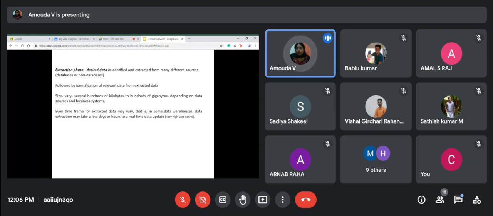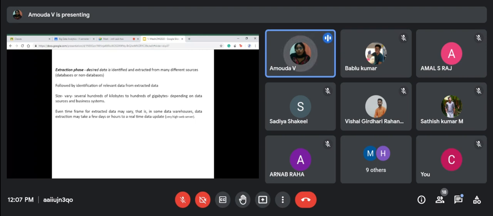You see here, it looks the same. Identification of desired data and the relevant data is different from desired data. The student is the desired data, but relevant data is only register number, marital status, and register ID number. Other than that, some extra information is not required.